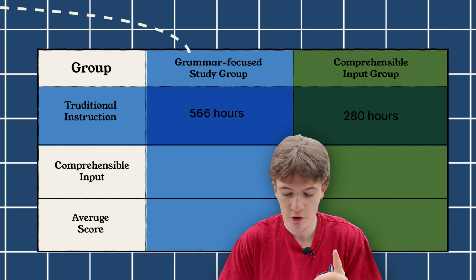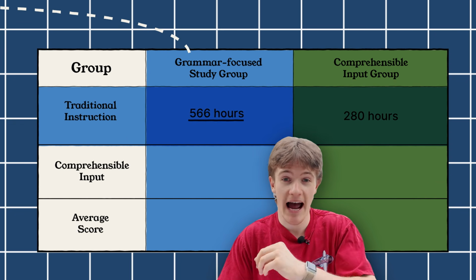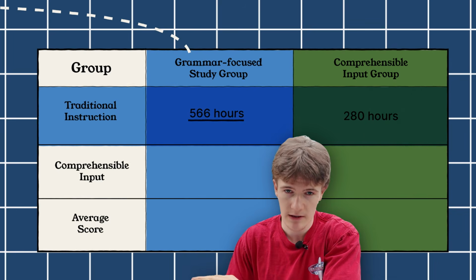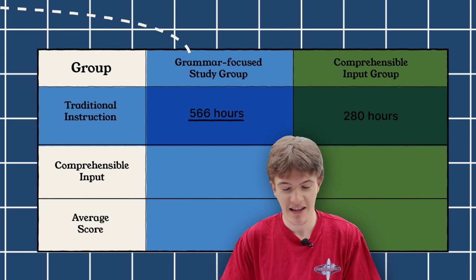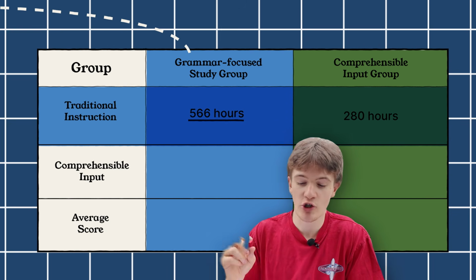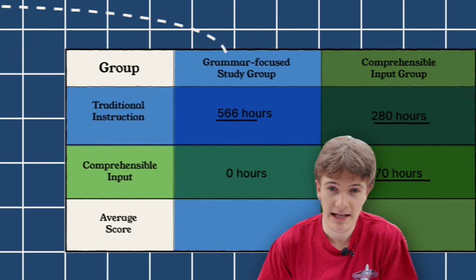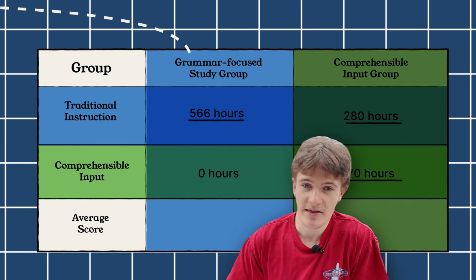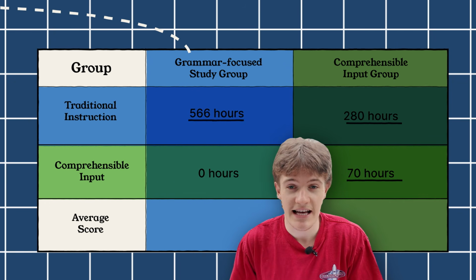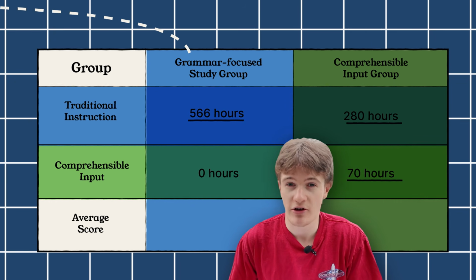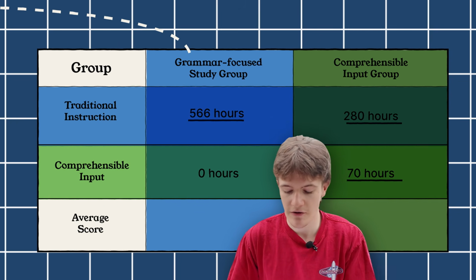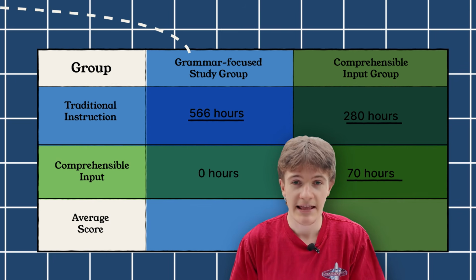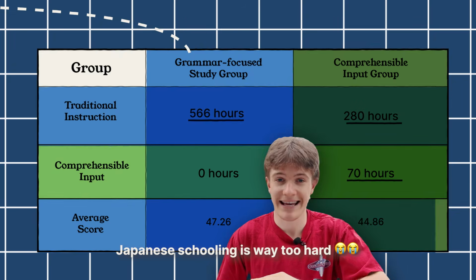But one group had 566 hours of instruction plus homework combined in total, whereas the other group, the experimental group, had 280 hours of traditional instruction and 70 hours of comprehensible input. And at the end, they tested each other. Unfortunately, the test was academic based rather than fluency or spontaneous based via natural conversation. But nevertheless, they found that both groups scored the same.